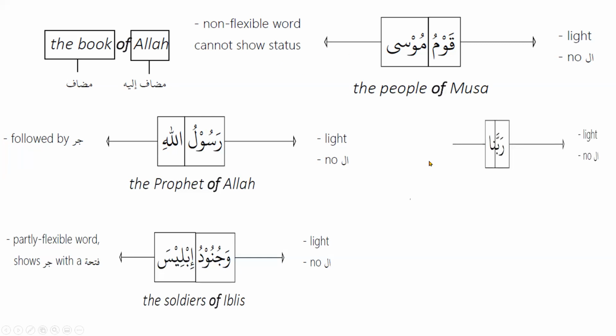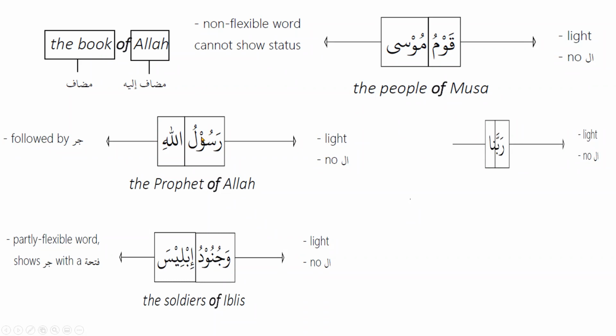This one, Rabbana. Now the word Rabba, we already talked about this, right? It's light and has no alif lam. The Rabba is nasab, but the status doesn't matter, because when determining the idafa, for the mudaf, the first word, we don't care about the status, at least not at this stage. We'll care about it later, inshallah, when you know more about it. So Rabba is light, no alif lam, and na comes from nahnu.